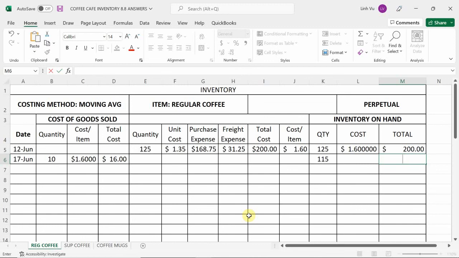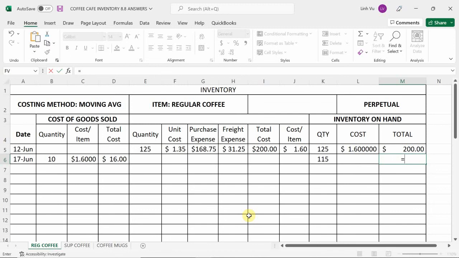You're not looking at quantity. But in this case, the 115 is correct. But what am I dividing that by? Is it the total cost? The total cost. Right now, what is my total cost? Okay, the total is $16. That is what you sold.